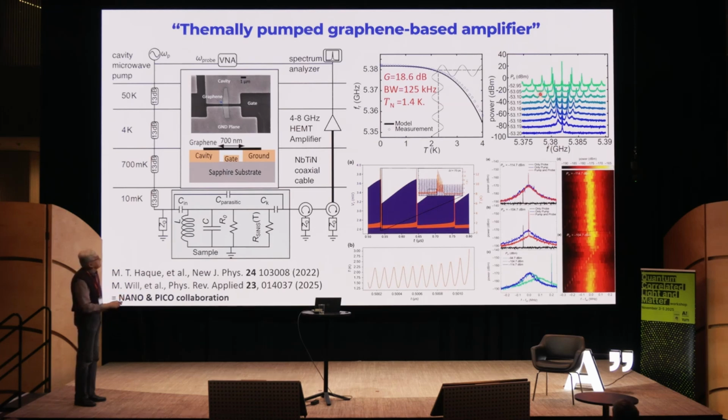And in fact, if you select one of these side peaks, you can make this a parametric amplifier, and you can get pretty nice operation. So the noise temperature is 1.4 Kelvin, and the gain is decent. So it's a very nice demonstration coming from the fact that graphene can respond very quickly. So you can vary the temperature at 10 gigahertz, even when you are at low temperatures.